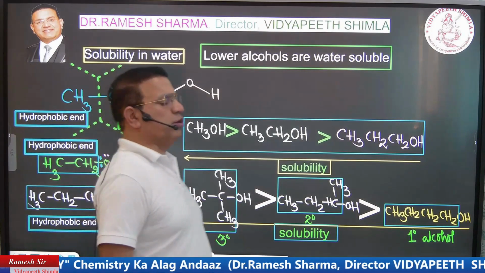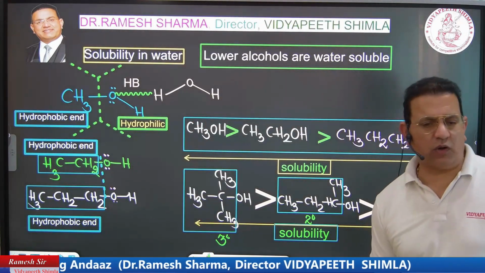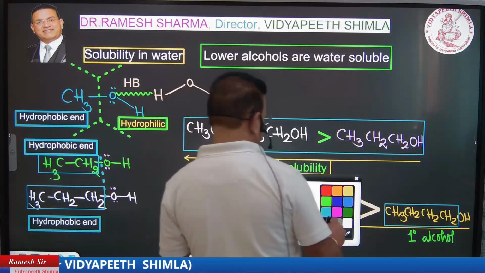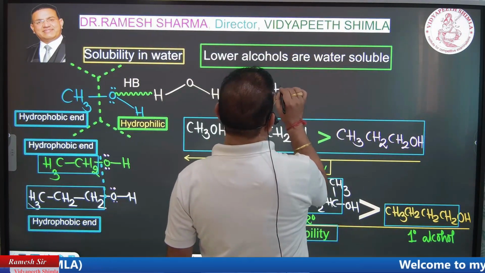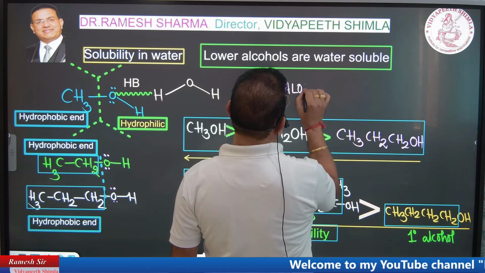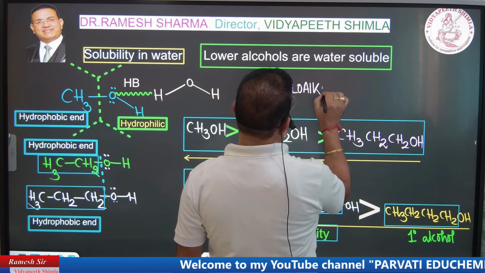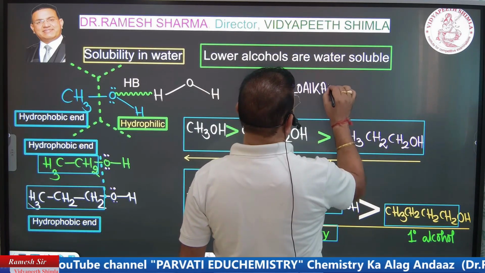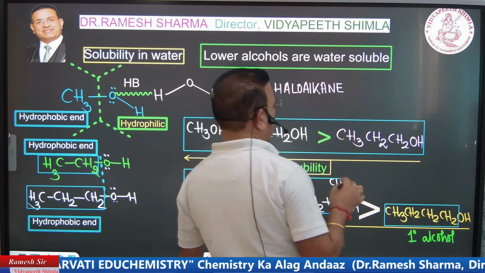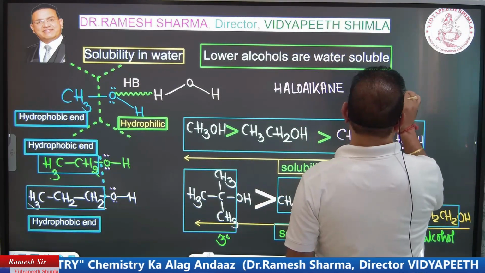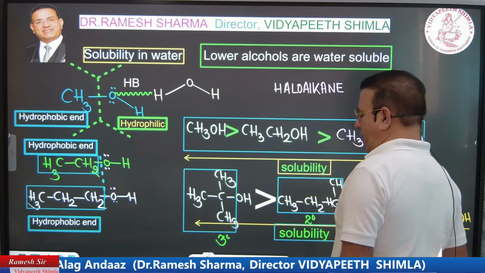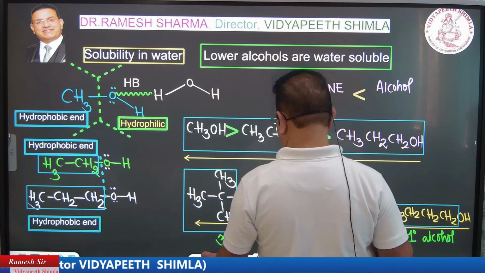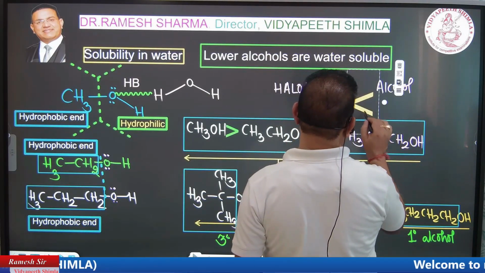And it is due to this hydrogen bonding that alcohol has a boiling point higher than the one which we finished, haloalkane. So I should say haloalkane isomers will have lower boiling point than isomeric alcohol, and this all is because of the reason that alcohol shows hydrogen bonding.